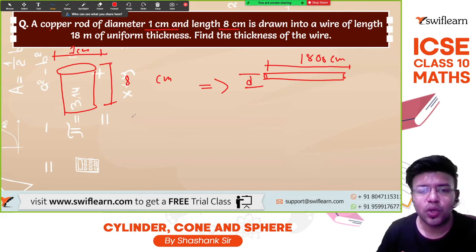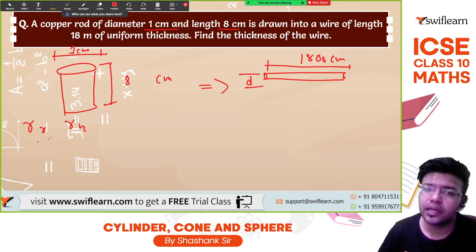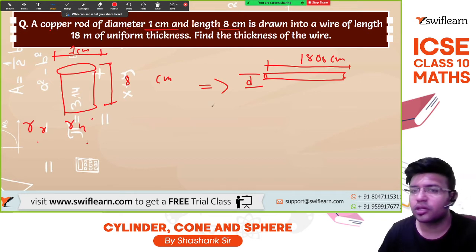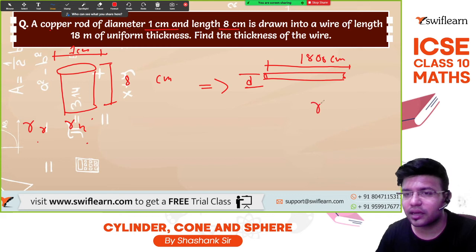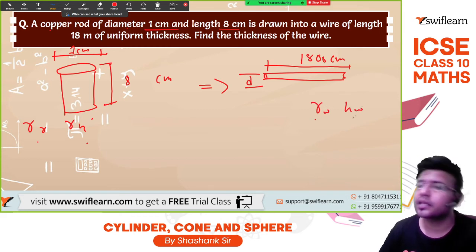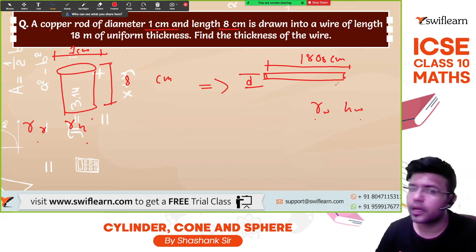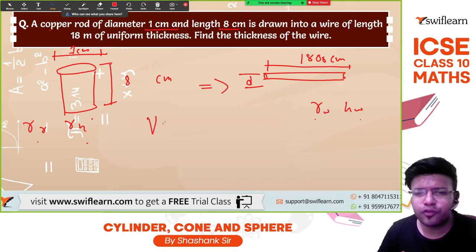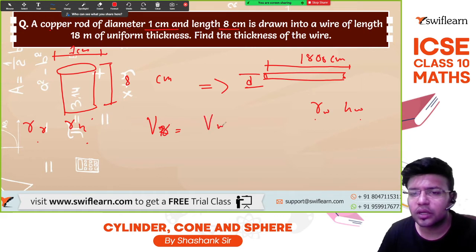So the volume of the rod is, let RR and HR be the radius and height of the rod, copper rod. Let RW and HW be the radius and height of the wire. So volume of the rod is equal to volume of the wire.